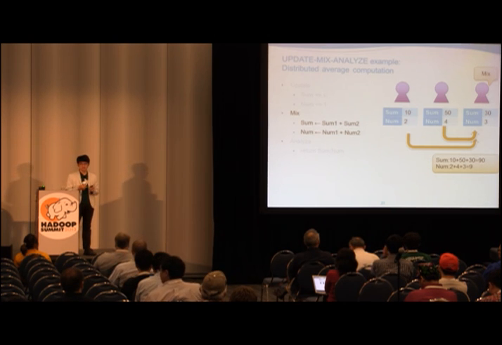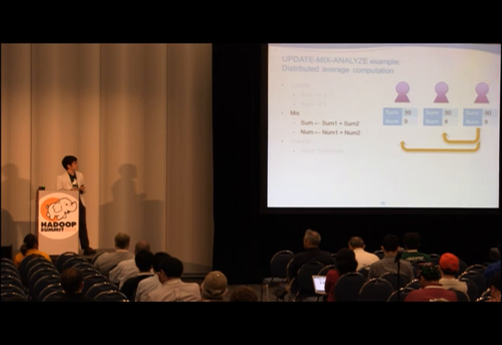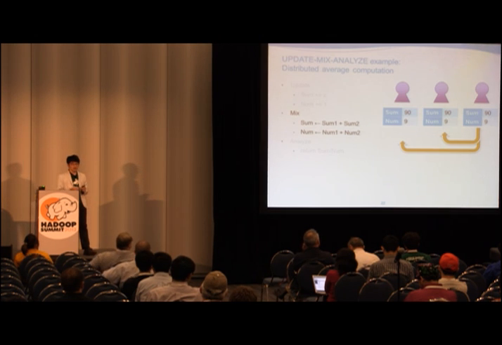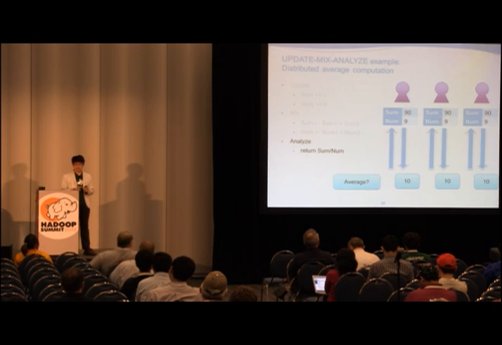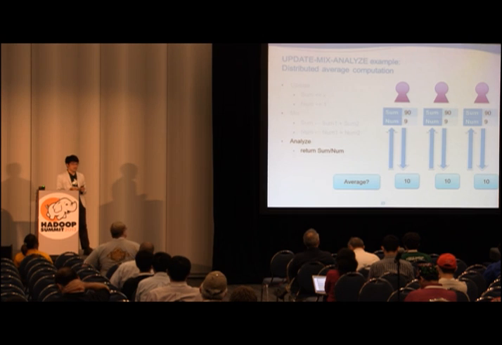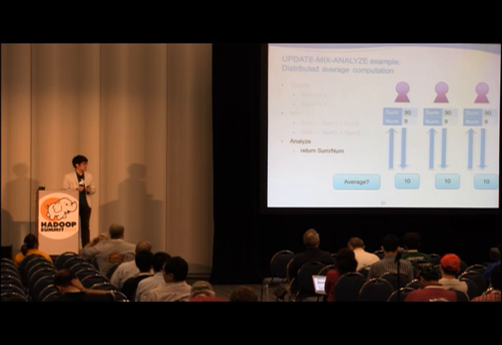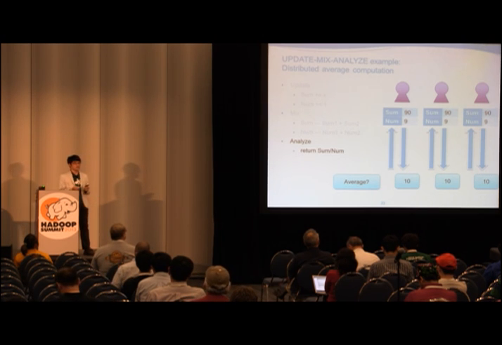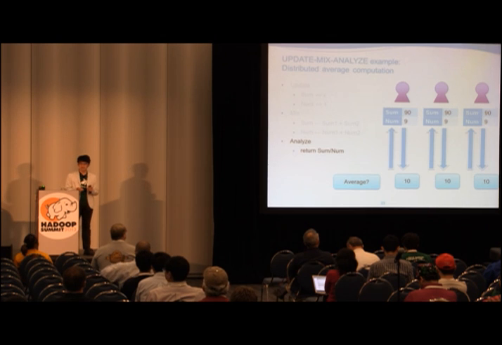We just add the sums and numbers, and the models will be sent back to server 1 and server 2. And here we have the same average result from all of the servers. In this way, we can trade off between model consistency and scalability by using Jubatus's update, mix, and analyze scheme.